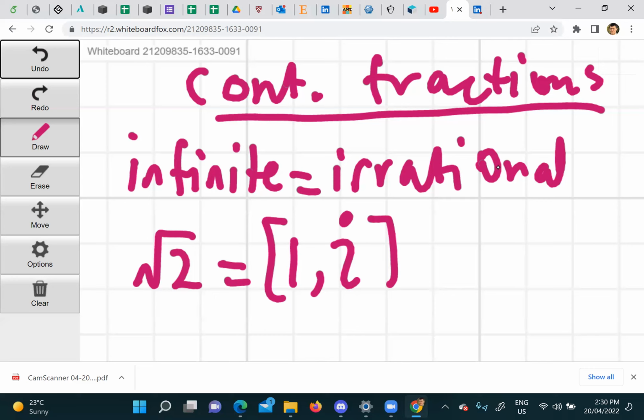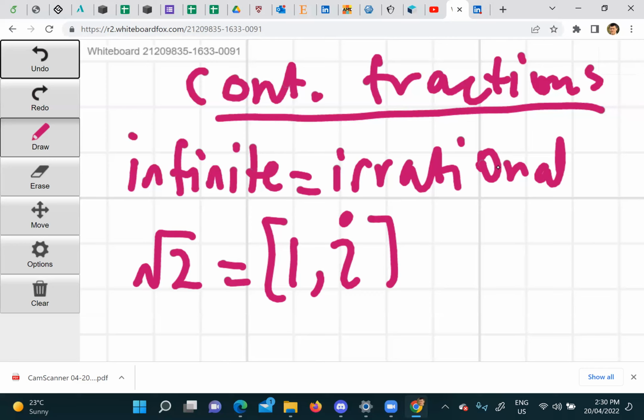Like all algebraic or just square root? It's like the root of a quadratic, the root of a quadratic with integer coefficients or something like this.